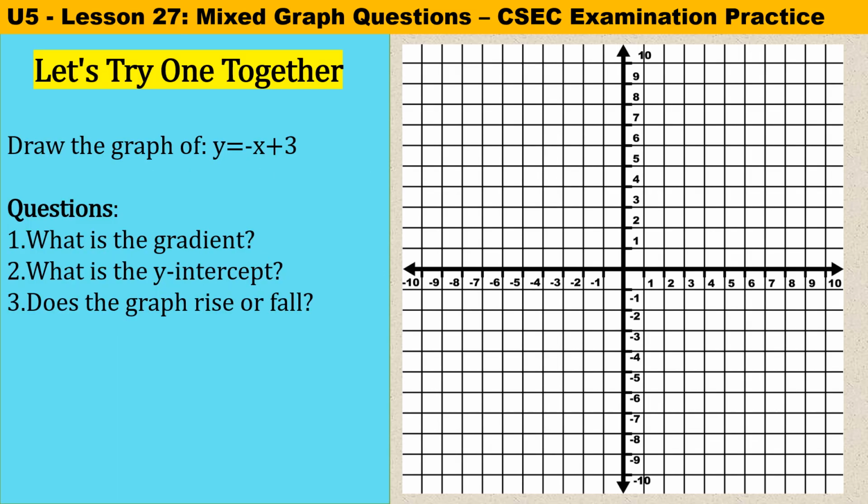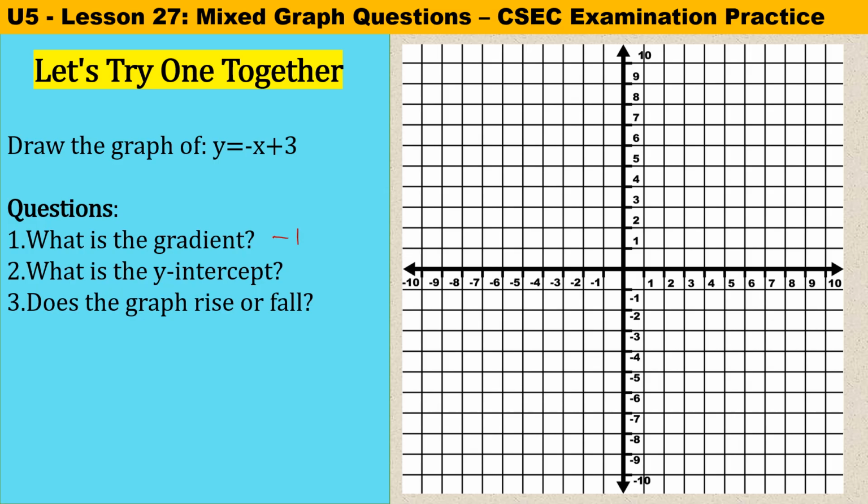Now it's your turn to try one, or let's do this one together rather. Draw the graph for y equals negative x plus 3. What is the gradient? What is the y-intercept? Does the line rise or does it fall? So looking at it, we see that our gradient is negative 1.